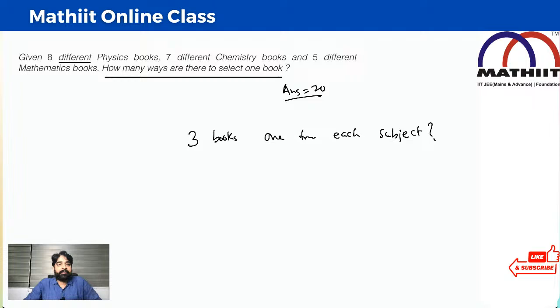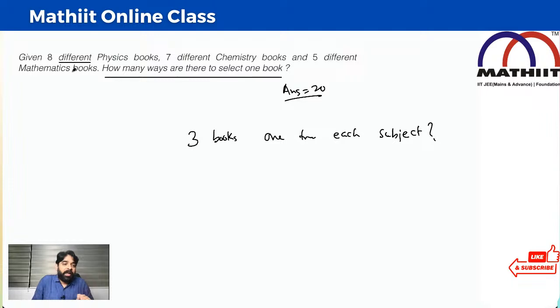Quickly answer. Understand the difference between the previous question and this question. I need to select 3 books, one from each subject.